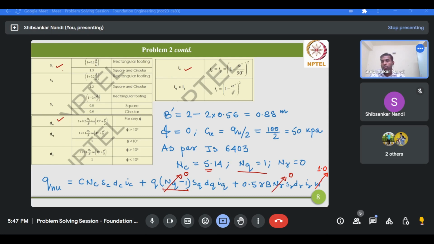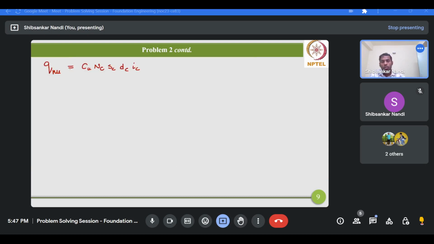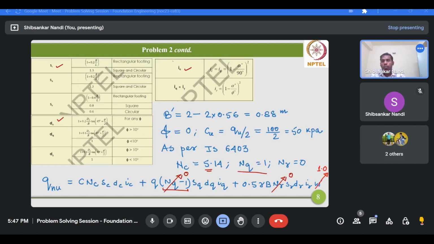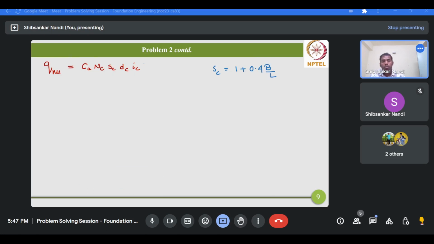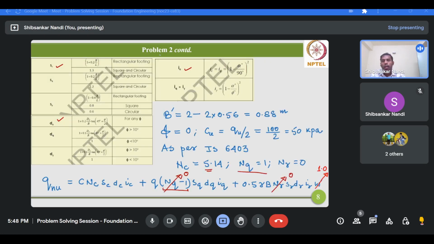So this Sc is 1 plus 0.2 times B by L for a rectangular footing.